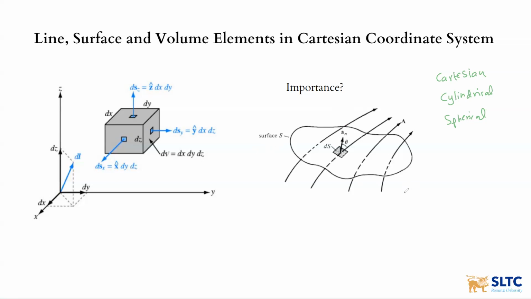So when we are considering certain surfaces and electric field and magnetic field in that area, then we need to find out what is the total electric field in that certain area. And if there's a certain closed surface, what is the total electric flux or electric field across that closed surface?